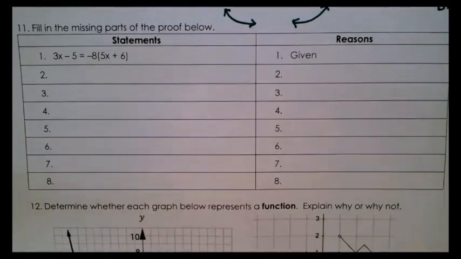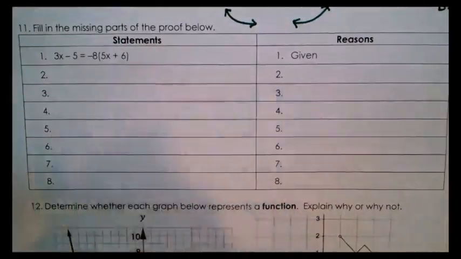Number 11, fill in the missing parts of the proof below. Now what you're going to be doing is solving a normal 2, 3, 4-step equation, a multi-step equation, but you're going to be explaining every step along the way, giving reasons. So here they've given us an equation. Now the first thing that you would want to do is get rid of the parentheses.